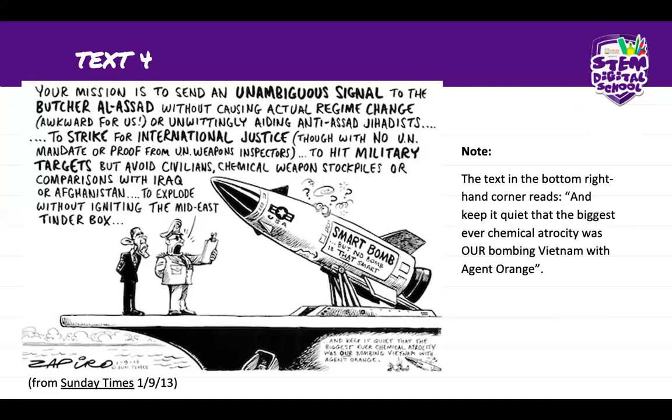Okay, what do you see there now? Look at the detail. Can you see what's in bold and what's not in bold? I love Zapiro. As you can see, this was taken from the Sunday Times in 2013. I love Zapiro. He's such a good artist.